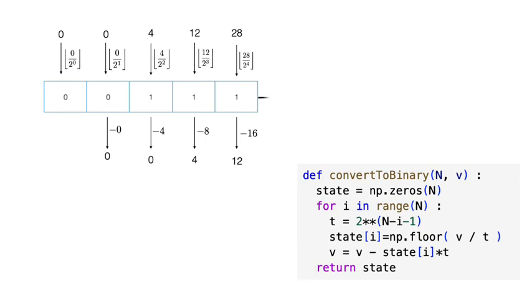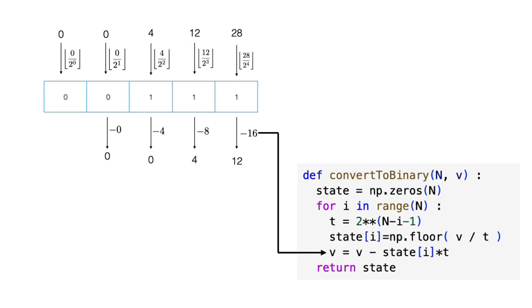Inside the loop, we do the 2 steps that I've described in the diagram. The step in which the ith element of the numpy array state is set is the one of dividing by the various powers of 2 and taking the floor, that is here. The next line then does this step that removes the part of the number that is accounted for by earlier binary digits.